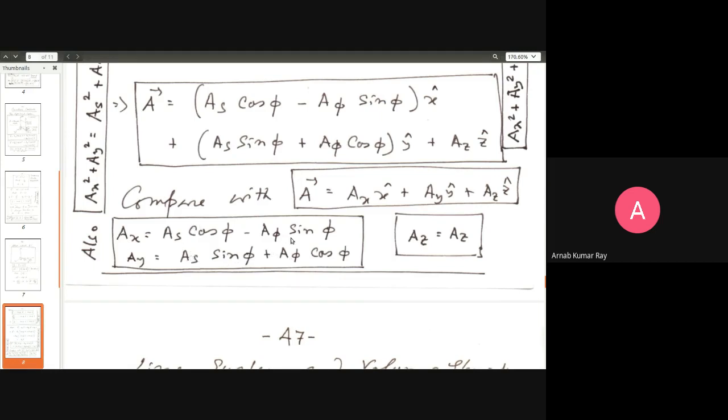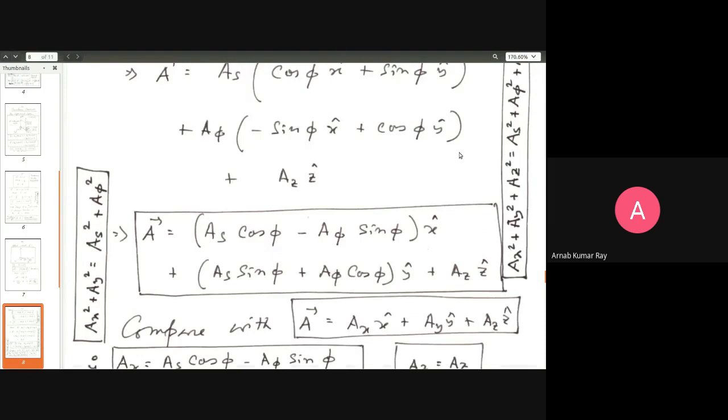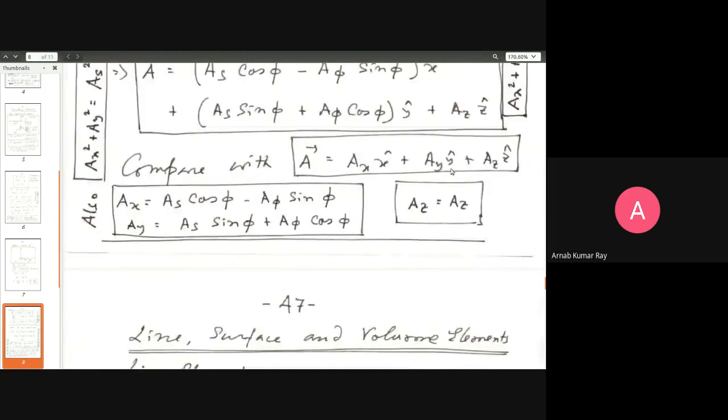Similarly, a phi squared sin squared phi plus a phi squared cos squared phi will give you a phi squared. And then the mixed terms minus 2as a phi sin phi cos phi and plus 2as a phi sin phi cos phi will cancel each other and go away, and then you add az squared on both sides and you will get this quantity.